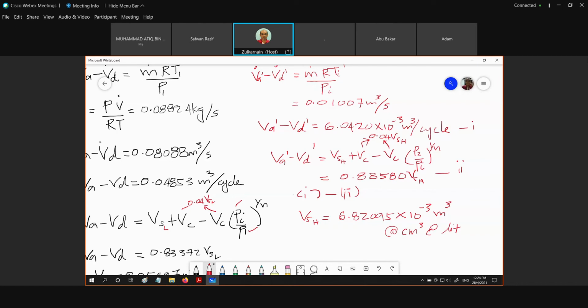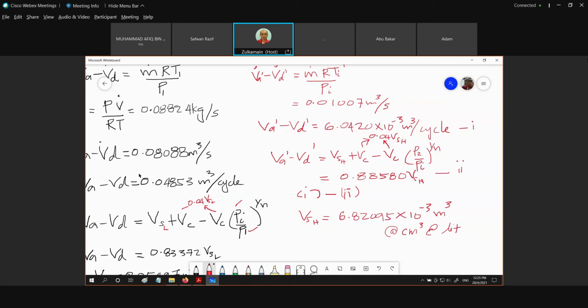Okay? And then, is there any question? Any question, guys? Remember, if we are not sure whether it is the same pressure ratio or complete intercooling, you need to do it like this. But if you are confident enough that it is the same pressure ratio and complete intercooling, this will have the same term, okay, no problem.